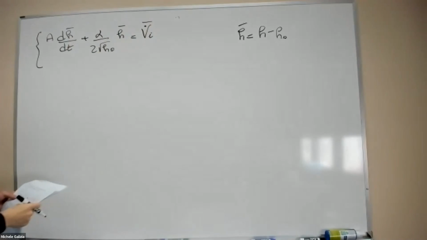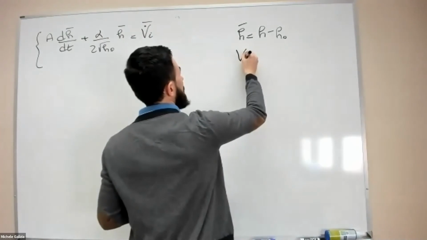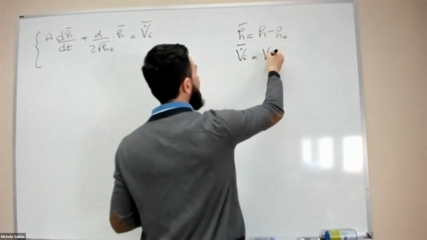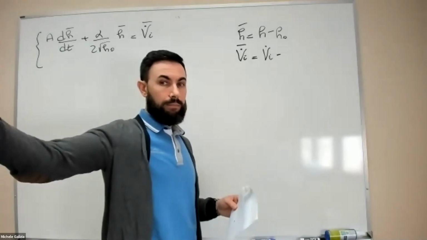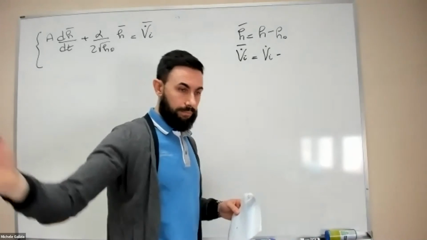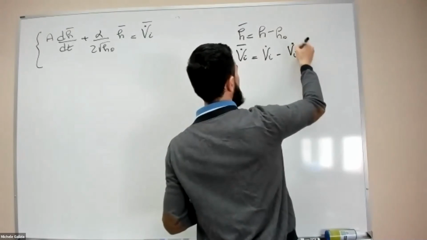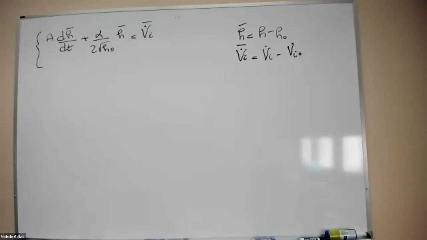This is what we got last time. So, who is Vi dot deviated? Vi dot minus Vi dot 0, the actual inlet flow rate minus the initial steady state inlet flow rate.